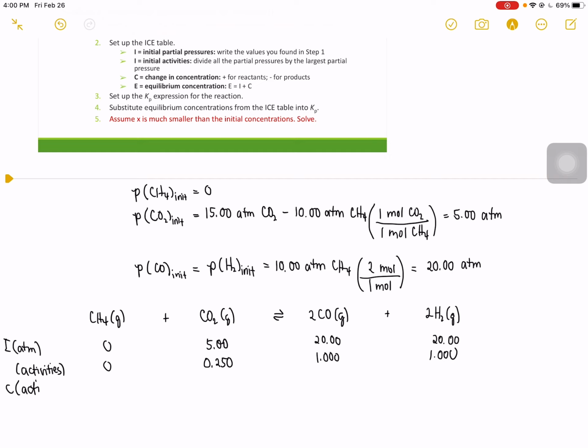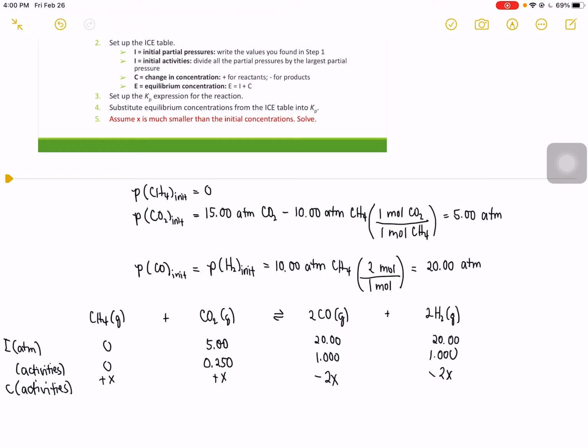Now, as this particular reaction tries to establish its equilibrium, some of the products will be used up to reform the methane and carbon dioxide. So the amount of carbon monoxide will decrease, same with the amount of our hydrogen, to form some methane and some carbon dioxide.